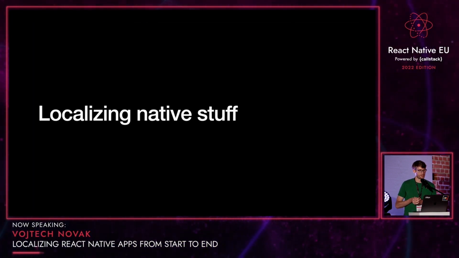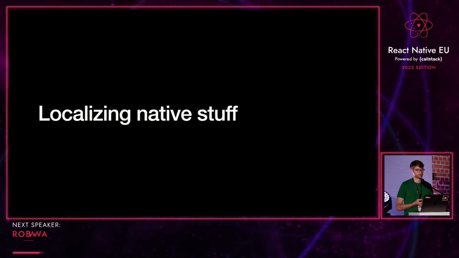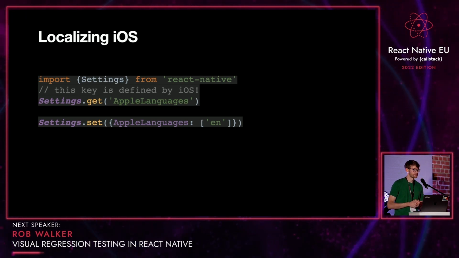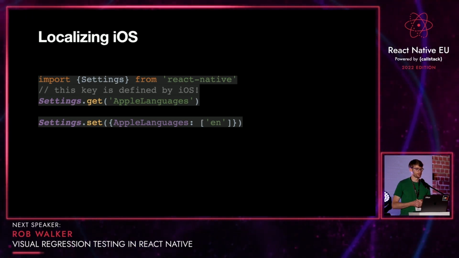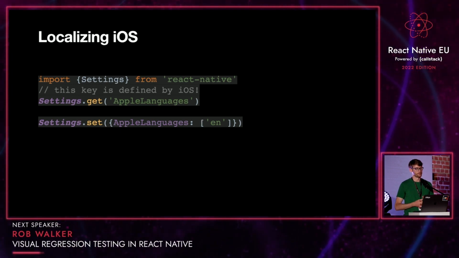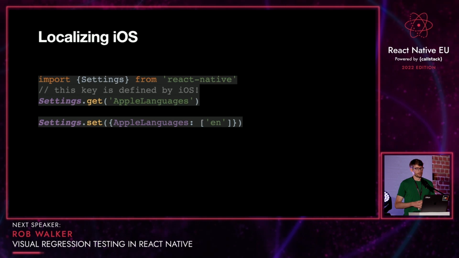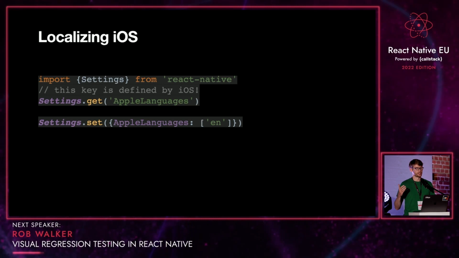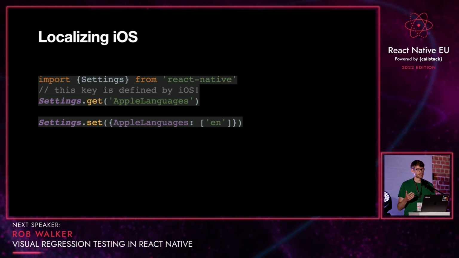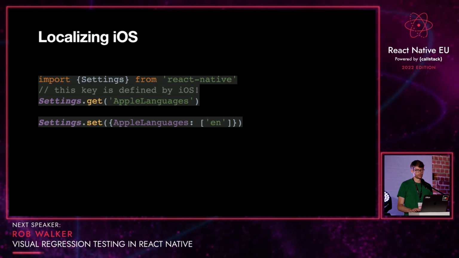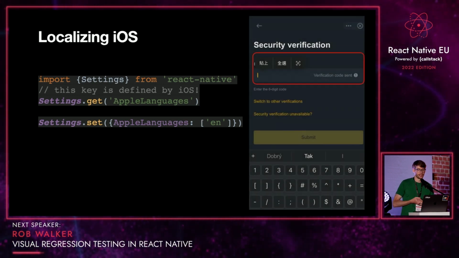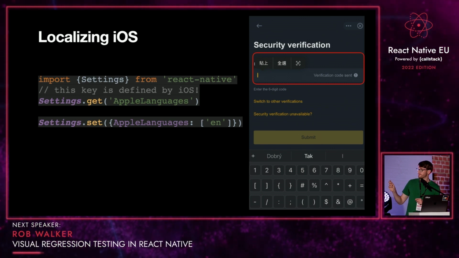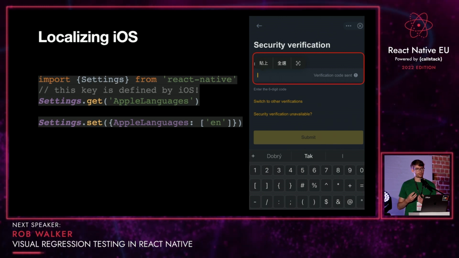All right, finally, let's also talk about localizing native stuff, because after all, we're doing native apps. On iOS, this is kind of the fastest way to get or set the localization of your app. And personally, I recommend this, which is going to set it in the settings, as the source of truth for all your localizations, because otherwise you might end up with a broken UI like over here, because some parts of the app are controlled and rendered by you.